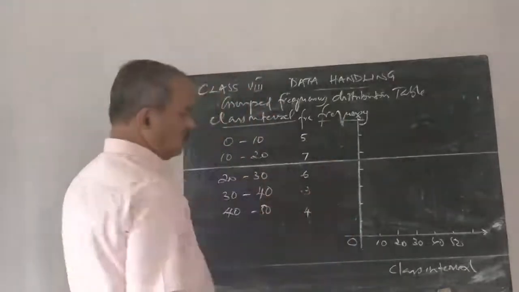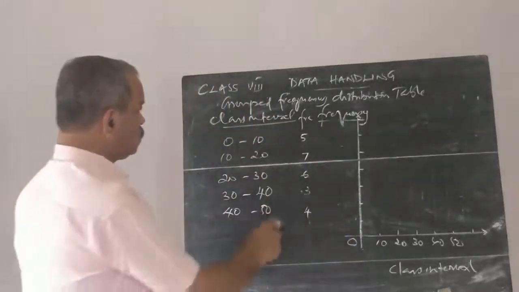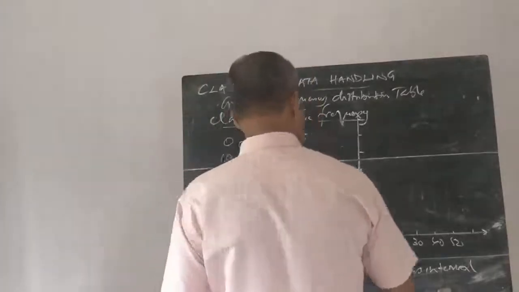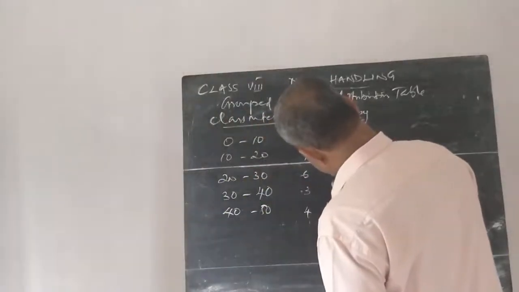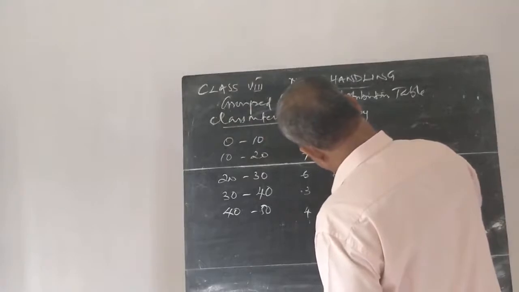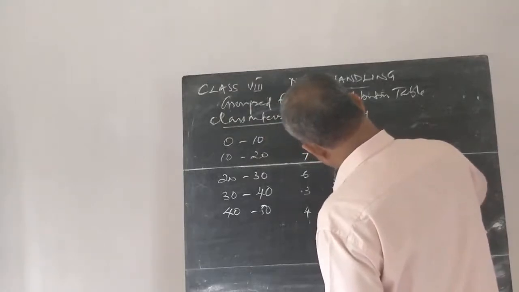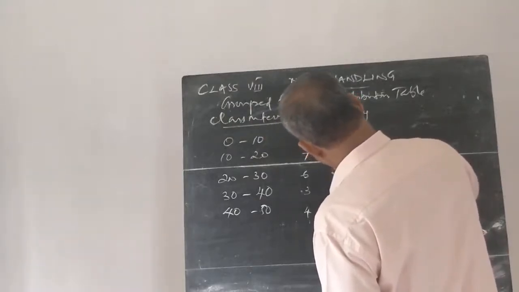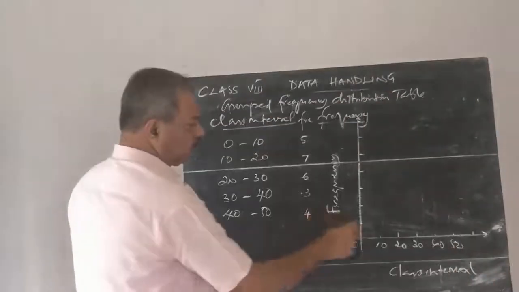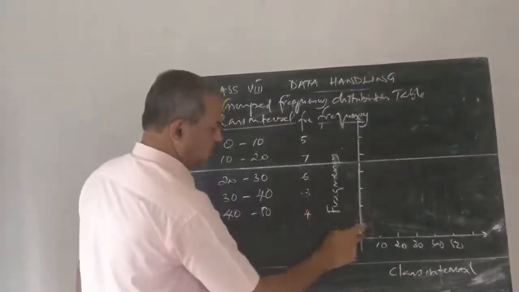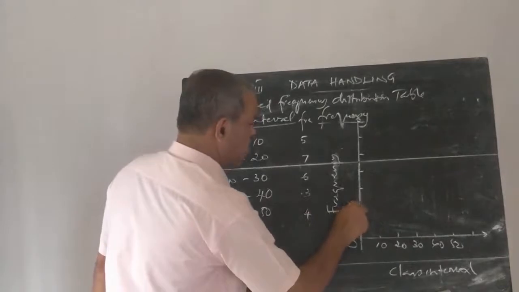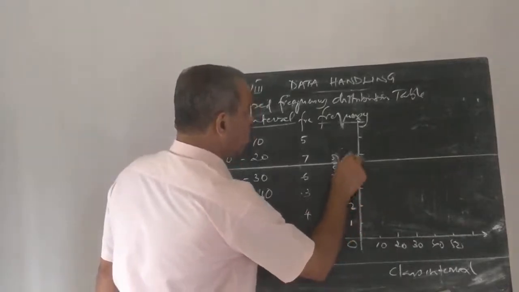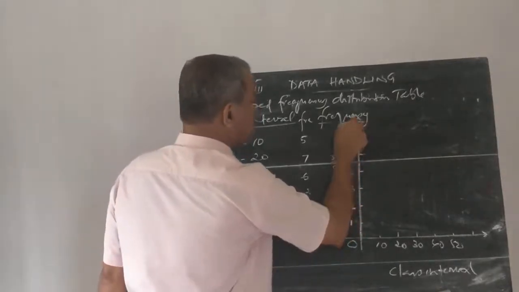Along the vertical line, mark the frequency. Take each distance as 1 unit: 1, 2, 3, 4, 5, 6, 7. This is enough.